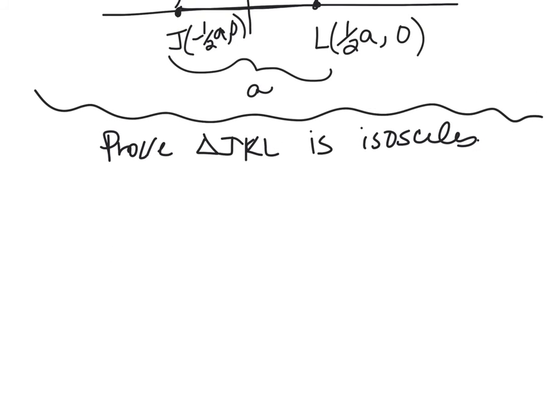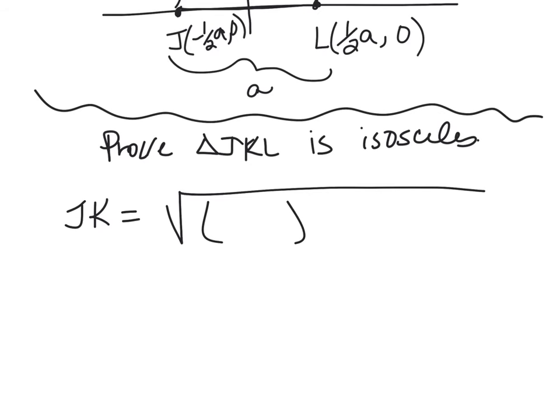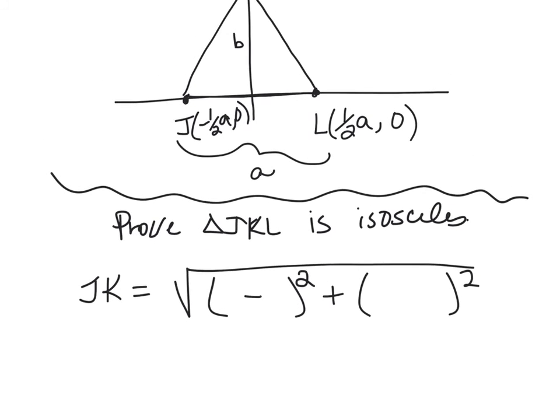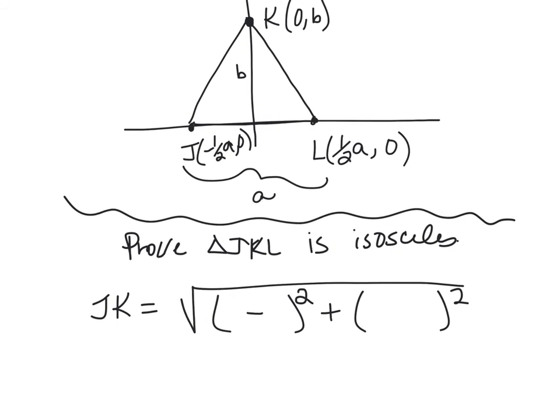And so I'm using letters. So JK, I'm going to use the distance formula. I'm going to subtract my x's and square it, then subtract my y's, then square that. So at J, my x is -1/2 A, and my K x value is 0.